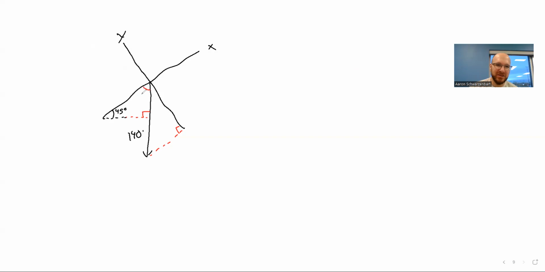This angle up here, I know that the 45 and the corner here and up here are going to add to 90. So that one also is 45. And here I have a right angle, meaning this is 45. They won't always be exactly the same, but these two will always match. So I can get my two components.